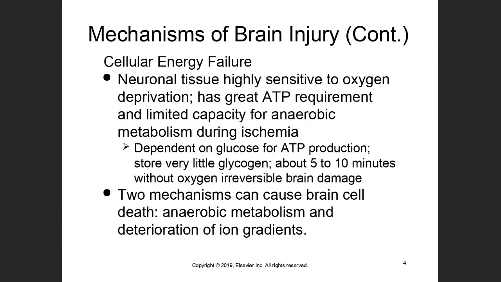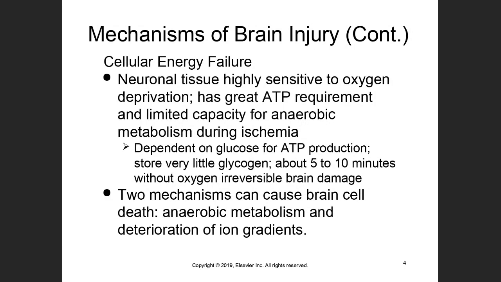That's why if you have a stroke, it produces a lot of signs and symptoms, because the brain always needs oxygen. It's not like other tissue that could go for 1 hour without oxygen and not have any problem, but the brain always needs oxygen.